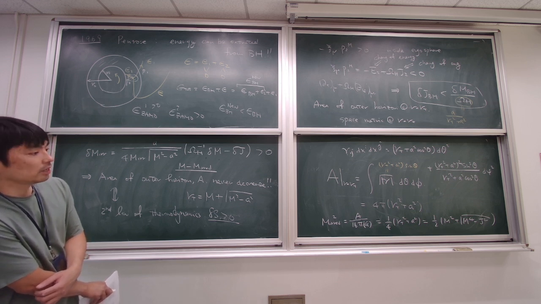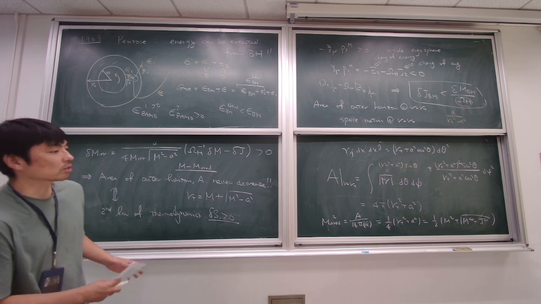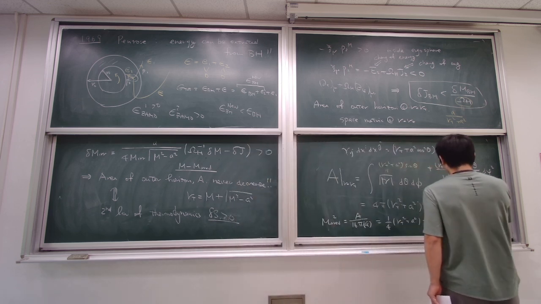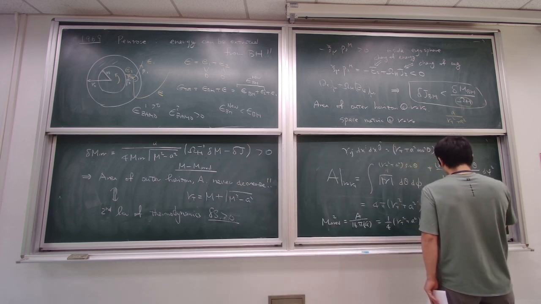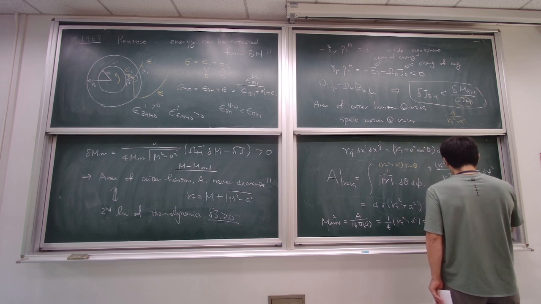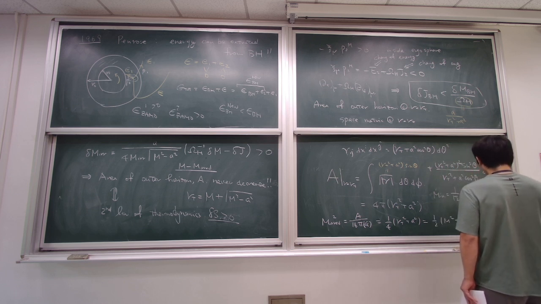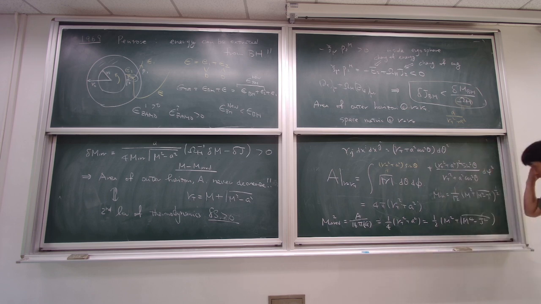If you take a square root, M irreducible is equal to the square root of one half of M square plus the square root of M to the fourth minus J square.